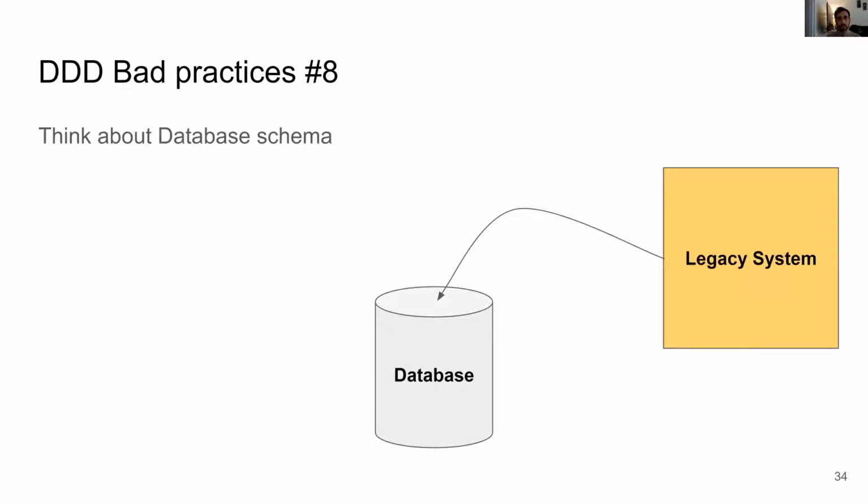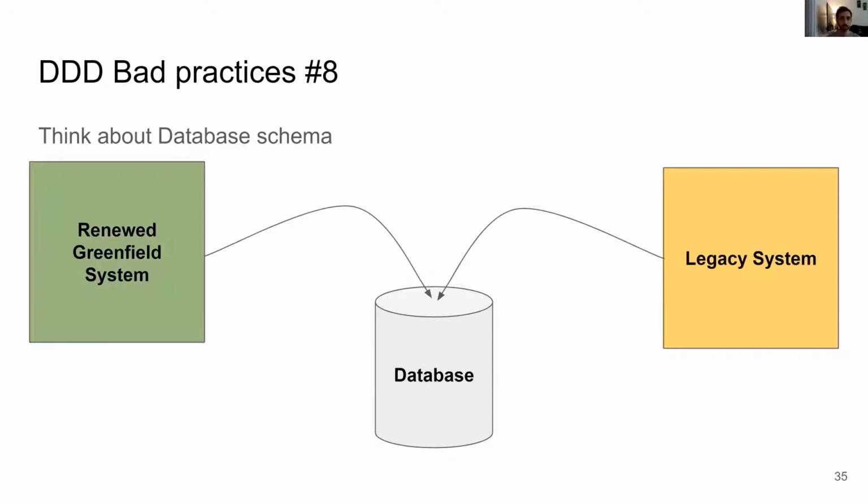I had a client who had a legacy system, and the system was really fragile. By fragile, I mean we couldn't even add one line of code because we could break something, we could have a bug in production code. So they asked us to make a new greenfield system, implementing the same behaviors of the legacy system. And as we were short on time, we decided to use the same database schema.